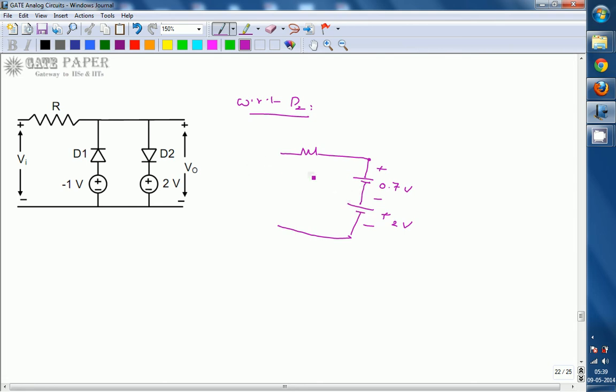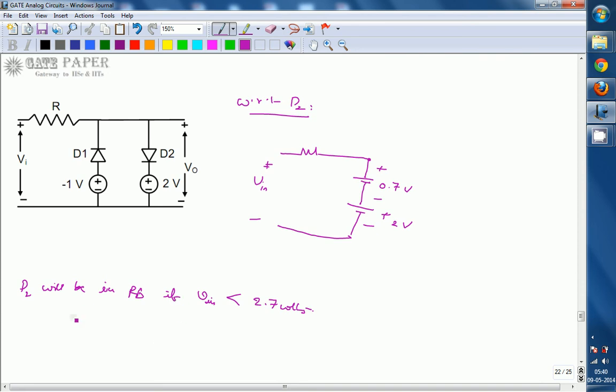Diode D2 will be in reverse bias if the input voltage is less than 2.7 volts, because the effective voltage at the diode is 2.7 volts. If the input voltage is lesser than that, you are applying a less positive voltage to the P side, which means D2 will be under reverse bias.